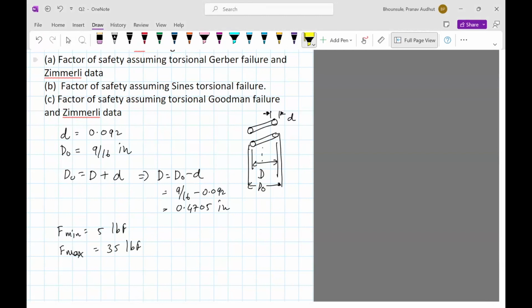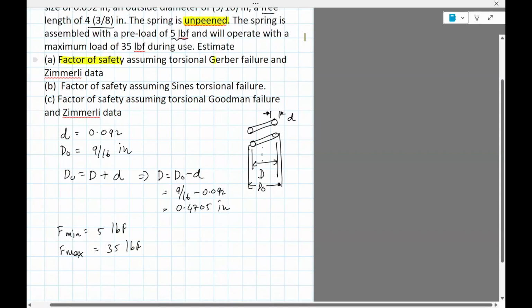So the factor of safety, assuming Gerber failure and Zimmerli data, factor of safety using the torsional formula, and factor of safety assuming Goodman failure and Zimmerli data. Yeah, so it's just straightforward application of everything we've done so far. So let's go with each of these.